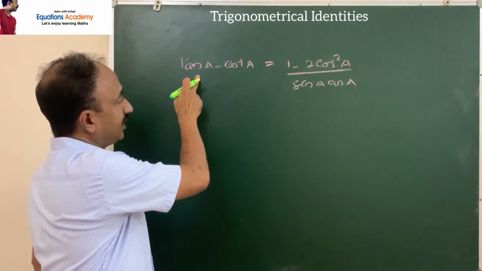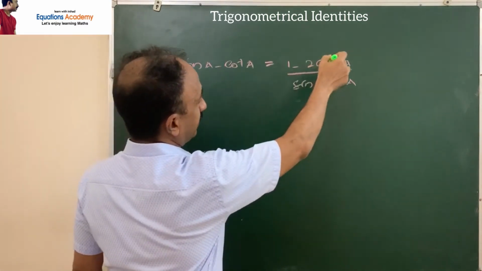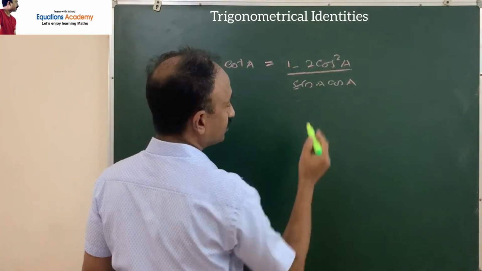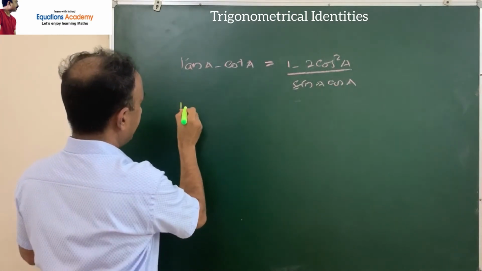Here also, the LHS is tan A minus cot A. We will rewrite the LHS.